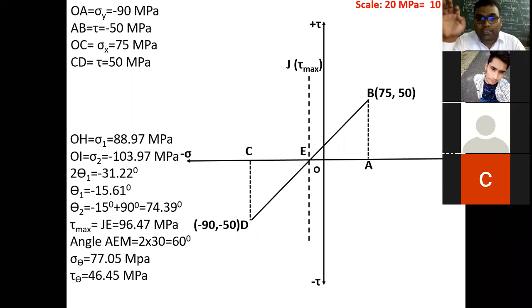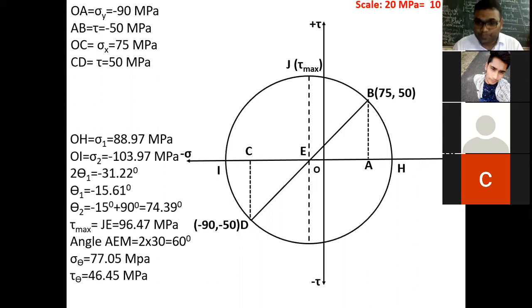See, how nicely my circle has come out, very simple. Now this OH and OI: OH will give you a positive value, it means that is your sigma 1, and sigma 2 is with the minus sign. So OH is how much?